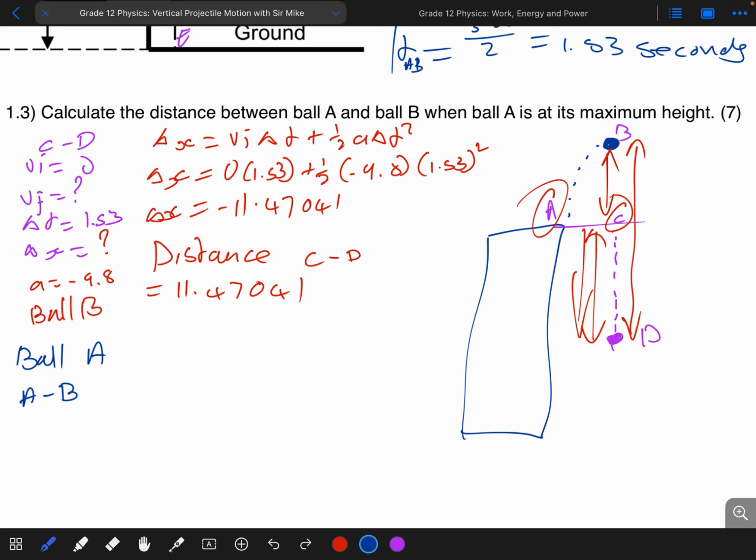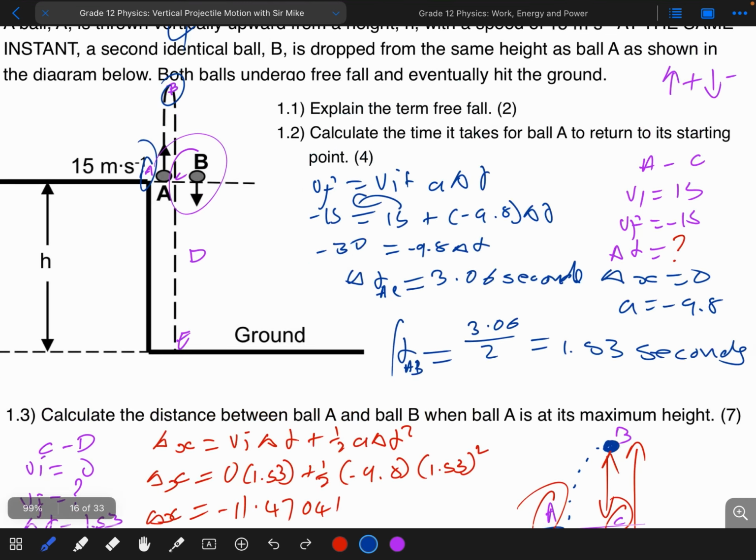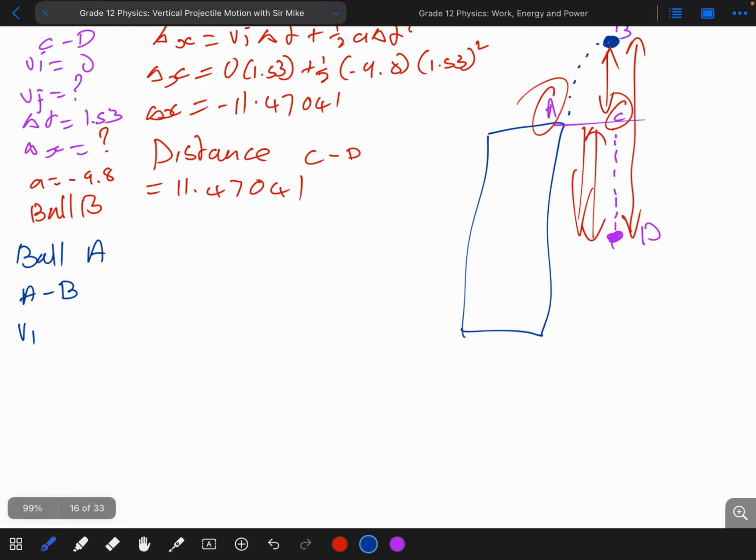I know the velocity at point A is 15, so Vi equals 15. My Vf, the final velocity, would be 0 at the maximum point. Then delta T equals 1.53, delta X is what I'm looking for, and a equals negative 9.8.